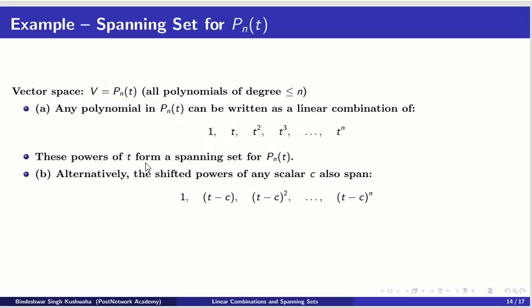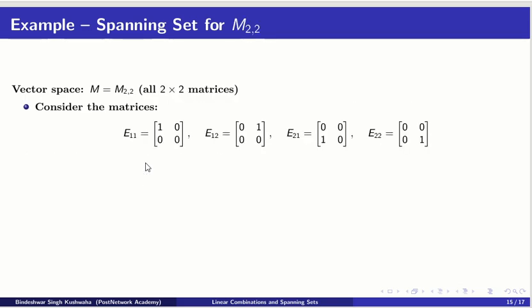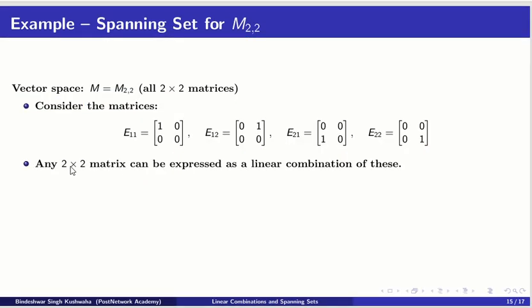So here it can construct. Now let us see a spanning set for M2x2. What is the vector space M? That is 2 by 2, meaning all 2 by 2 matrices. There are 4 matrices, and using these 4 you can construct any matrix of 2 by 2. That means these matrices span any matrix in the 2 by 2 vector space.